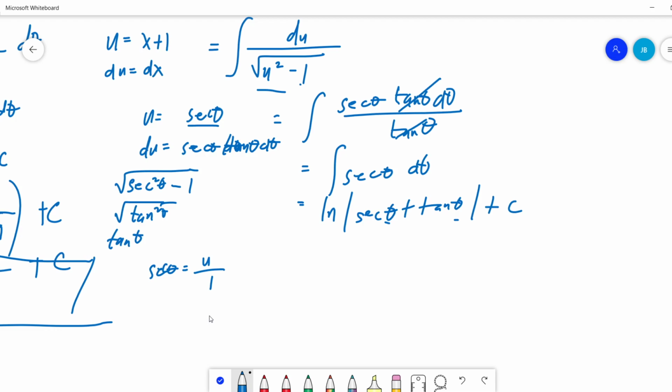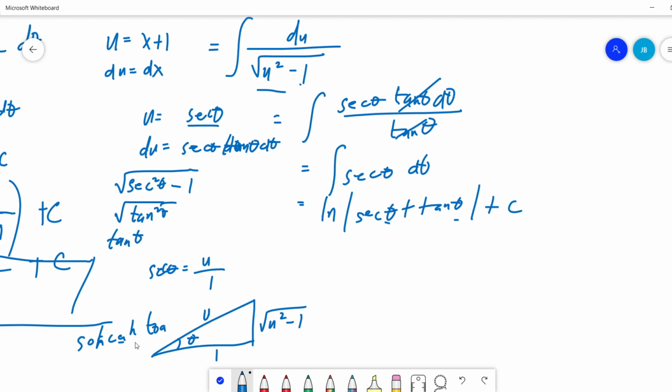So if we draw a triangle, sec theta is the reciprocal of cos, so hypotenuse over adjacent. So our hypotenuse is u and our adjacent is 1. Therefore, the opposite would be the square root of u squared minus 1 squared, or u squared minus 1.